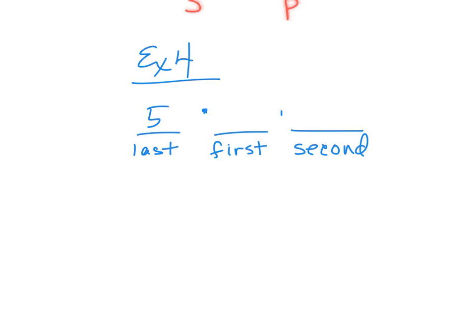So we're going to have 8 choices for it. Now, without looking at your book, thinking through this problem, no repetition, how many choices do I have left now for the second digit? 8.